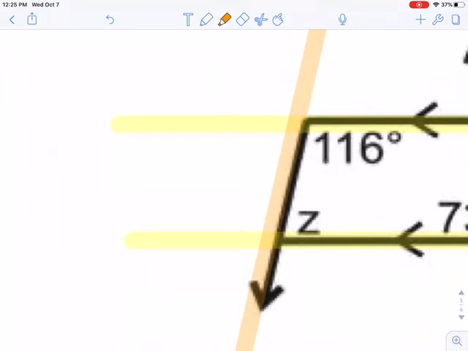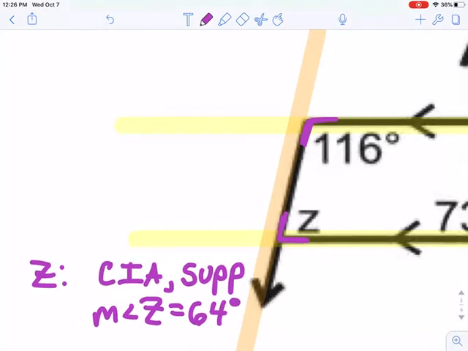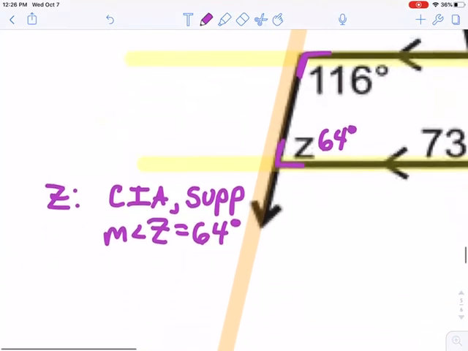The yellow lines are parallel. Orange is the transversal. We have a pair of consecutive interior angles. So to find Z, we have a pair of consecutive interior angles. They're supplementary. So the measure of angle Z should be 64 degrees. All right, because remember these two angles need to add to 180.